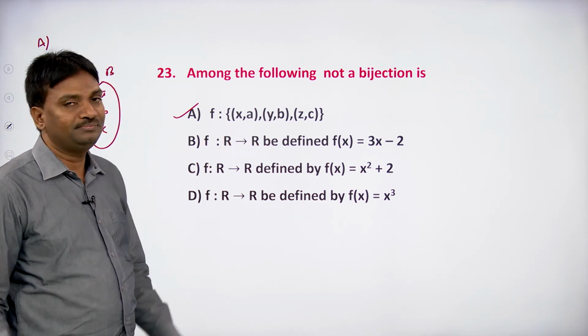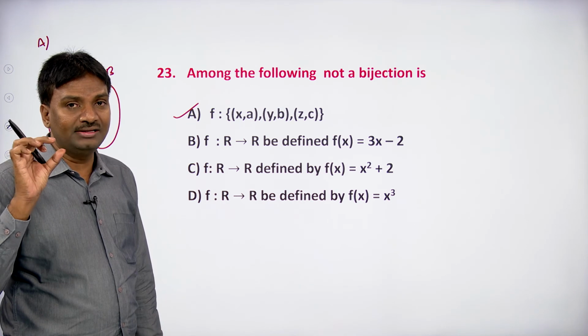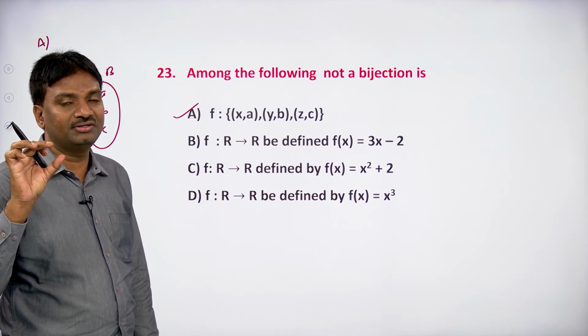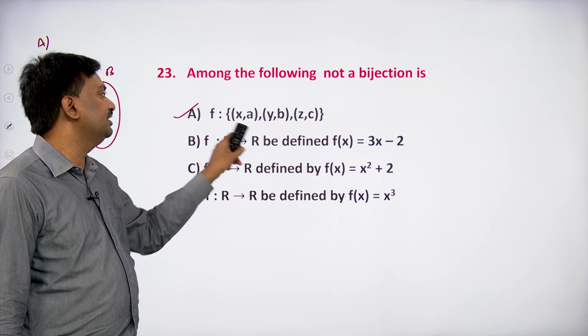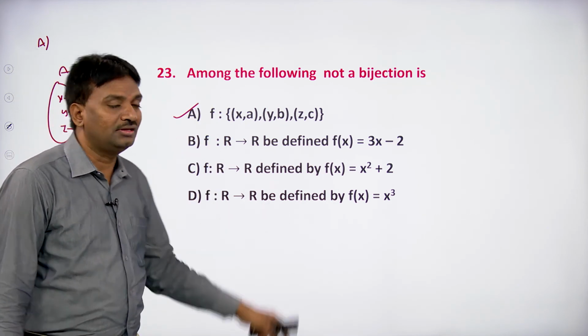Only option A satisfies the 2 definitions, 1-1 function and onto function. So that's why we can say this is a bijection. So take the screenshot of this slide.